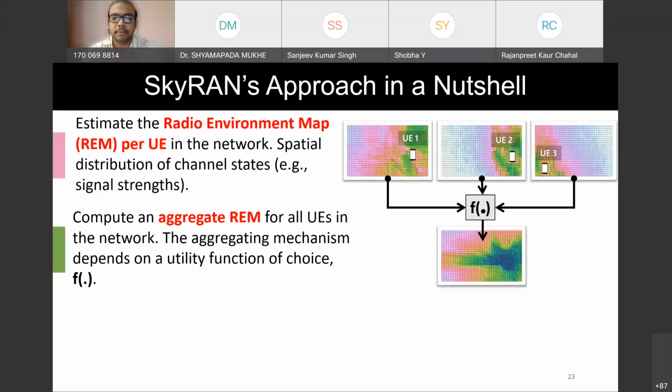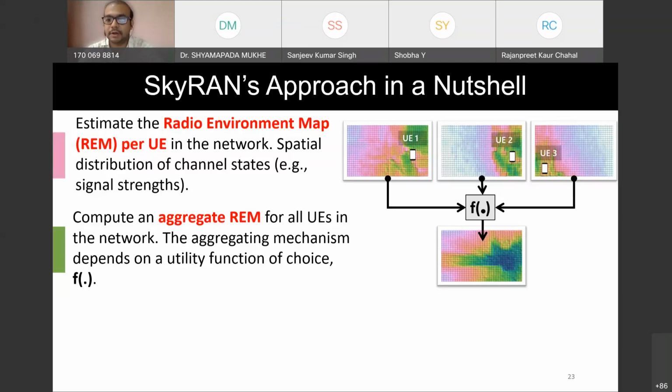So it could be a median function or a max function, or a 95th percentile function somehow, because we want to give preference to all the UEs, we can somehow merge them and try to see where there is higher signal strength, right? Because all these individual radio maps will have higher signal strengths at different locations, and we want to find out those locations which are more important in a statistical sense, right?